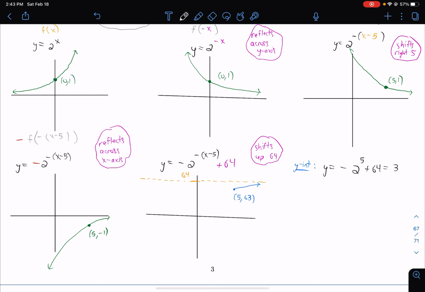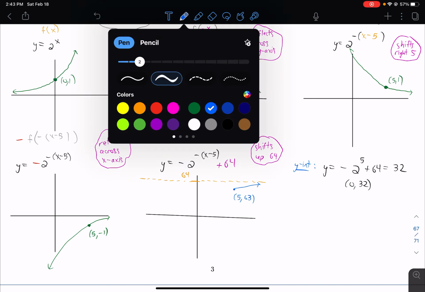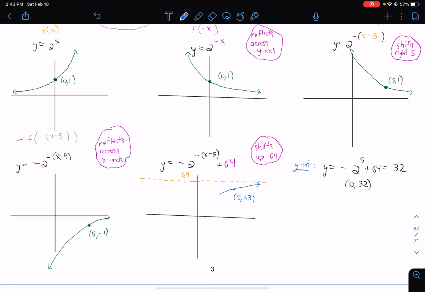That is 32. So my y-intercept is at x is 0, y is 32. So that is a positive y-intercept. So my graph, I expect to be having this positive y-intercept and then going down like this. So let's find the x-intercept and see if that checks out based on this graph.